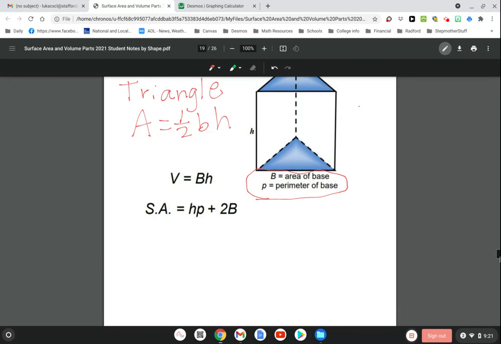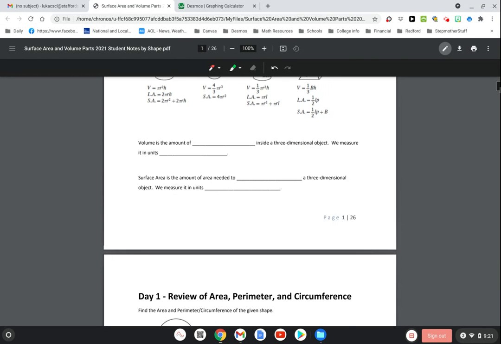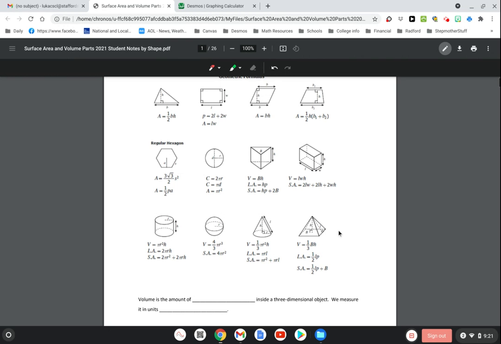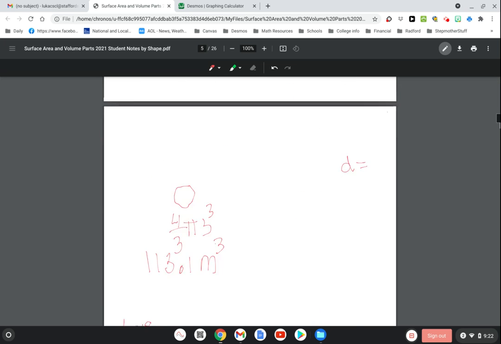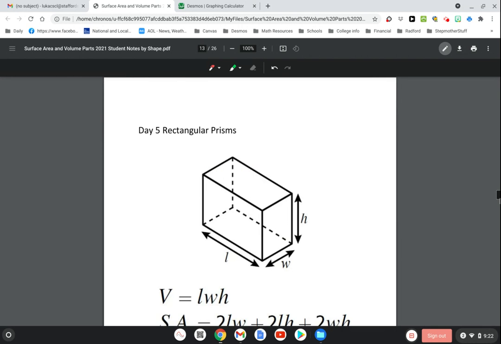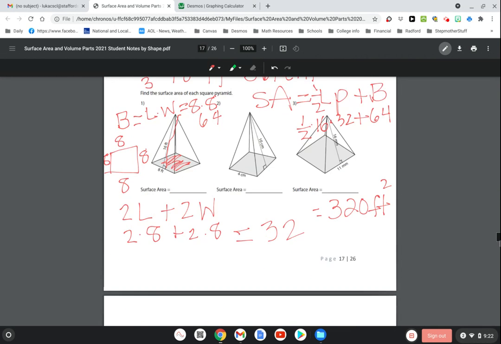Additionally, at the beginning of your packet, on that first page, you can see that B, there we are. The B is labeled right here. It's inside the triangle, so it's referring to the triangle. Probably doesn't help a lot, but it is there to kind of give you a visual clue.